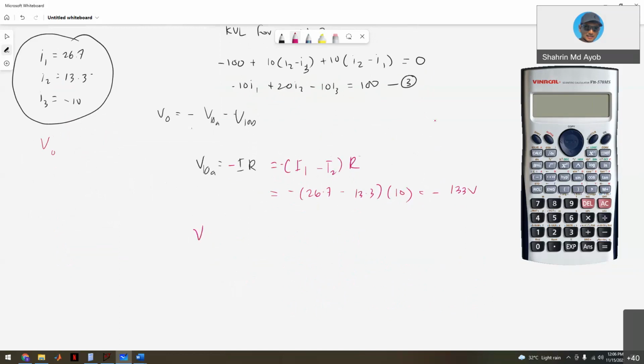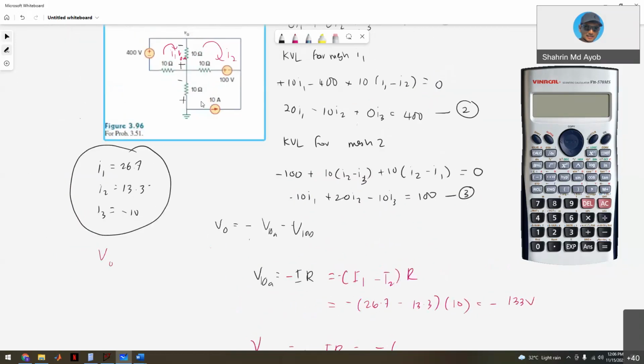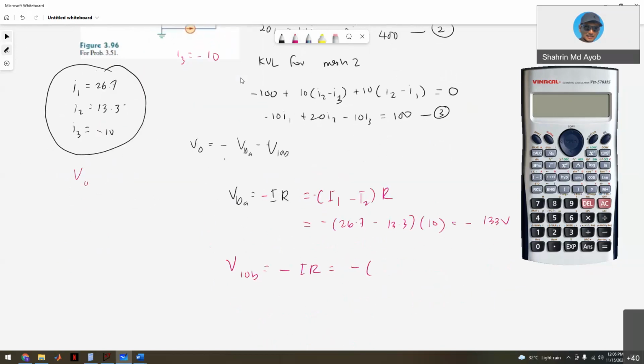And V10B is actually negative also, negative IR. So your current is I3, where I3 is negative 10. So this one is negative of negative.